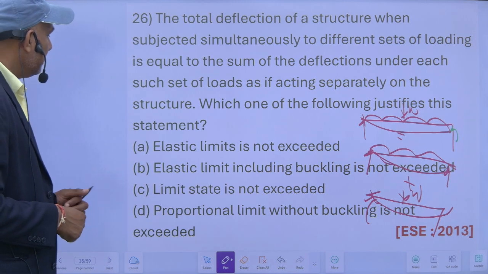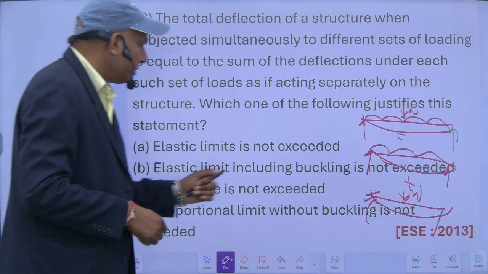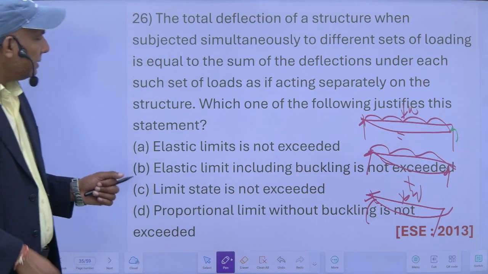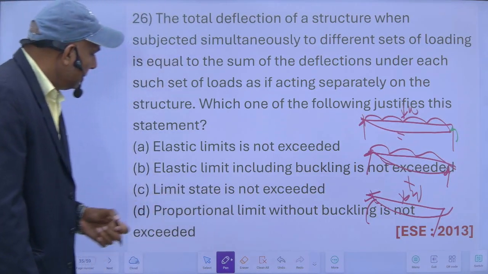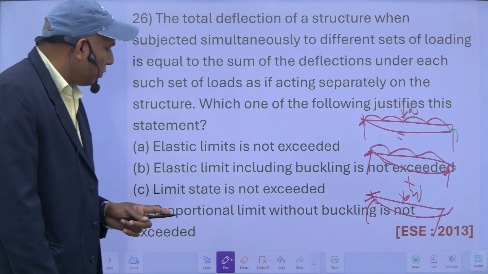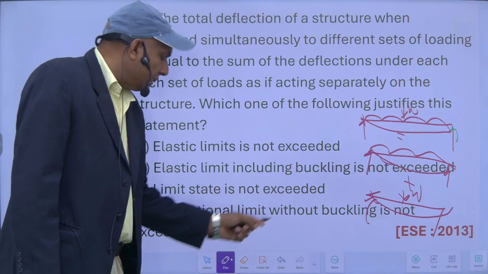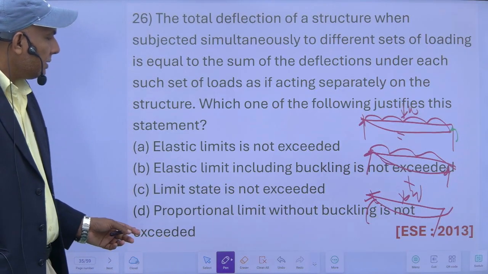Which of the following justifies the statement? Elastic limit is not exceeded. Elastic limit including buckling is not exceeded. Limit state is not exceeded. Proportional limit without buckling is not exceeded.